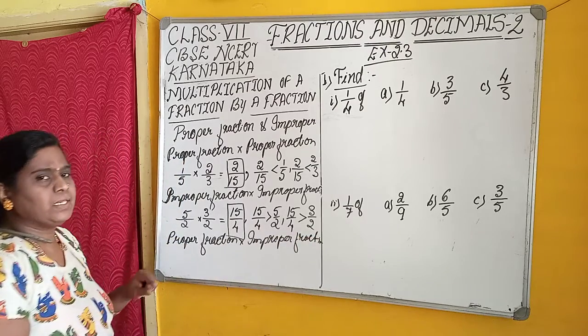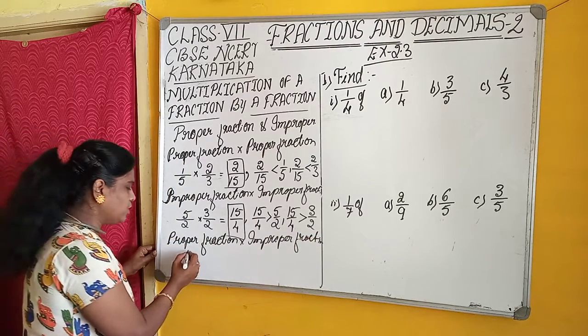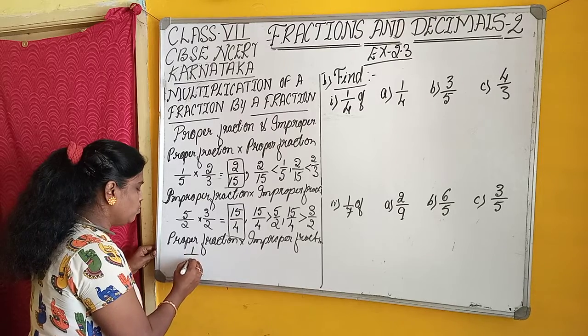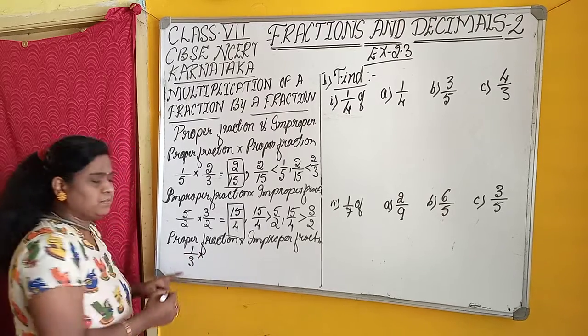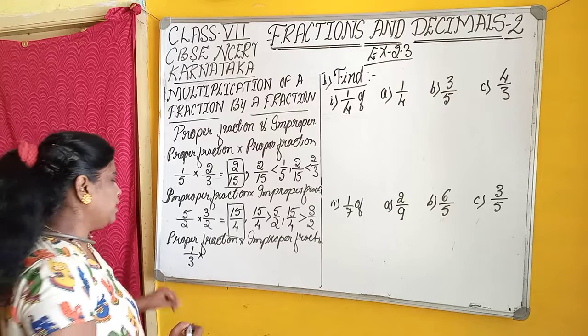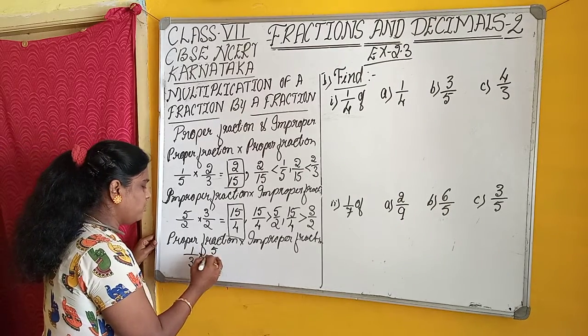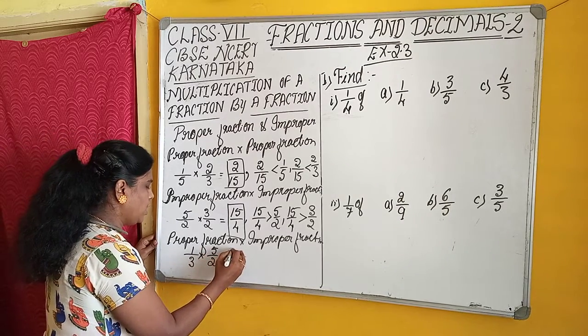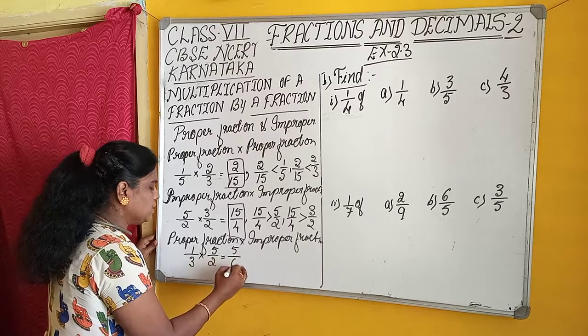Give an example for a proper fraction: 1 by 3. When it is multiplied by an improper fraction, 5 by 2, the product is 5 by 6.